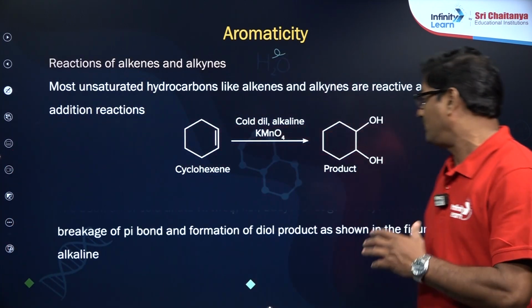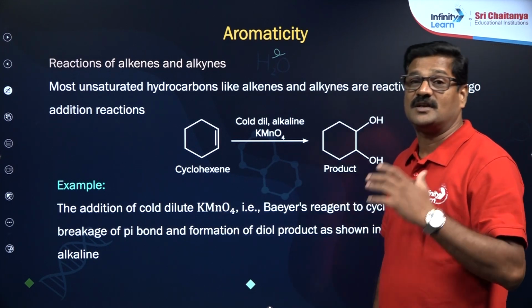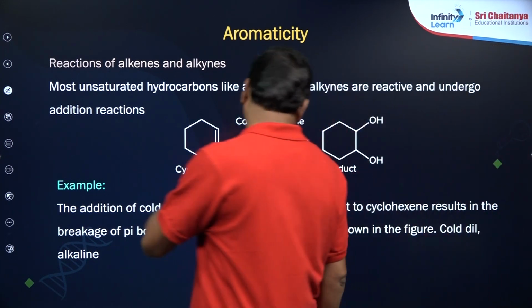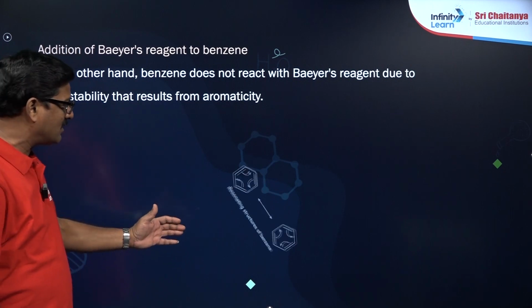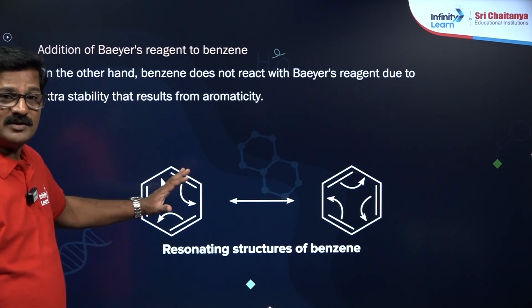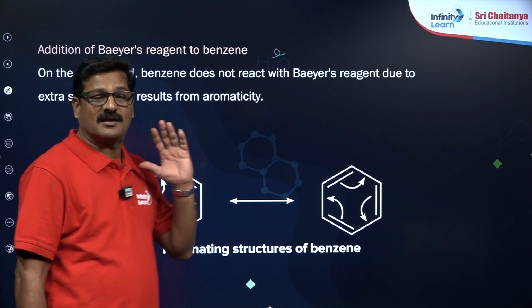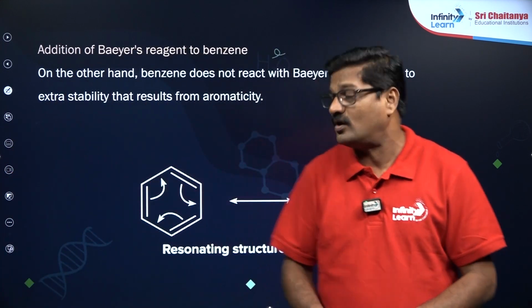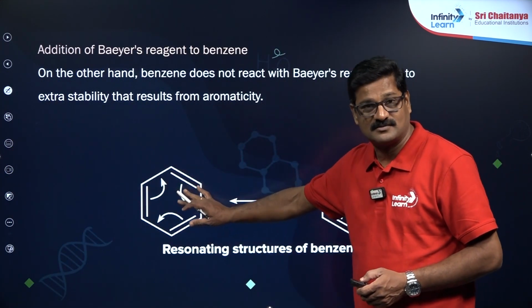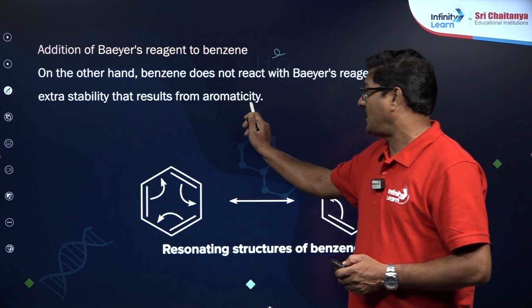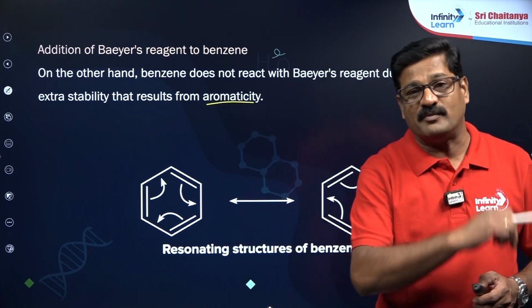Now what if benzene is treated with KMnO4? When benzene is treated with alkaline cold KMnO4, it does not react, because of the delocalization of the pi electron system. It acquires a characteristic property called aromaticity.